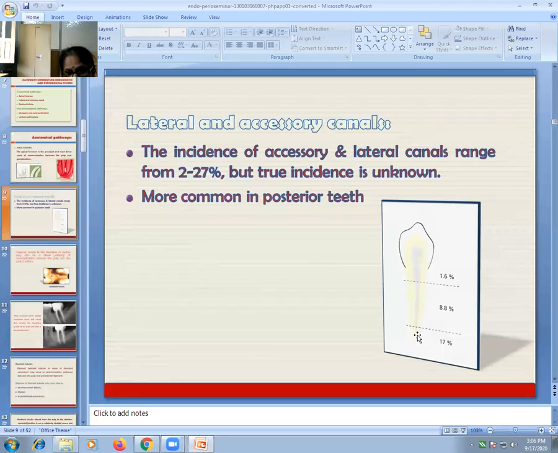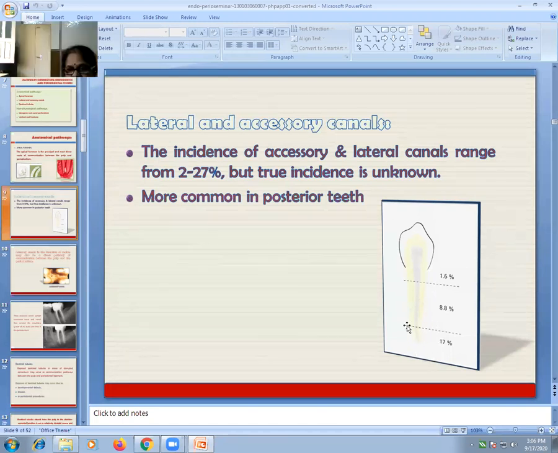Instead of opening at the apical foramen, they open towards the lateral area of the root, that is, into the periodontium. These lateral canals act the same as the apical foramen, but in the lateral area. This is the pulpal space, which opens into the periodontium.